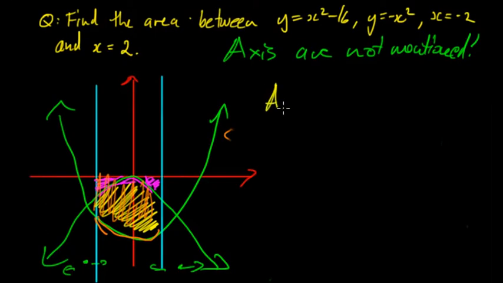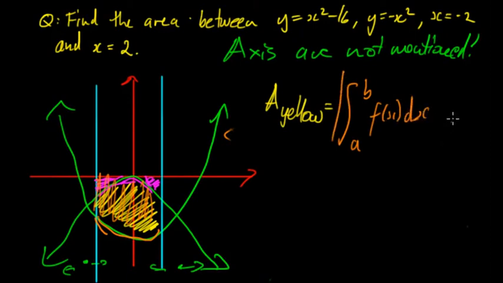So area yellow is equal to the integral from a to b of f(x) dx, modulus. That's really important, you put the modulus there, minus the modulus. So not minus a function.